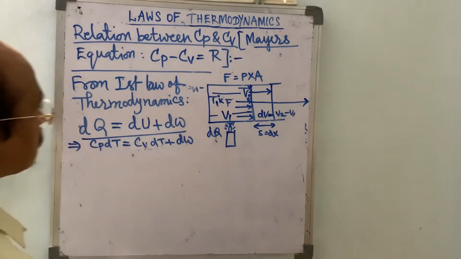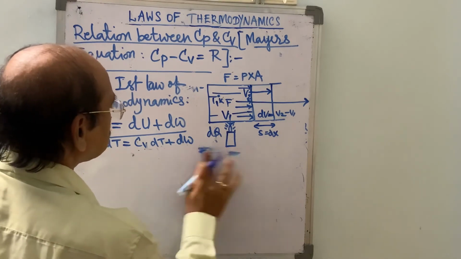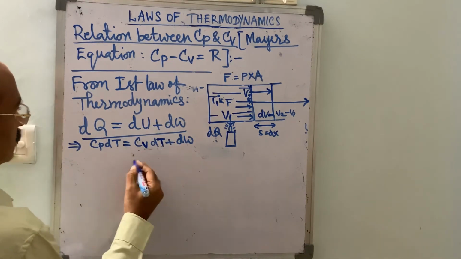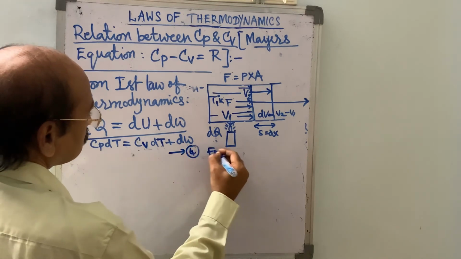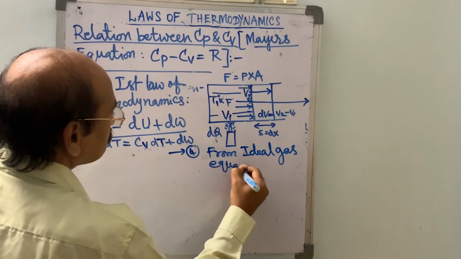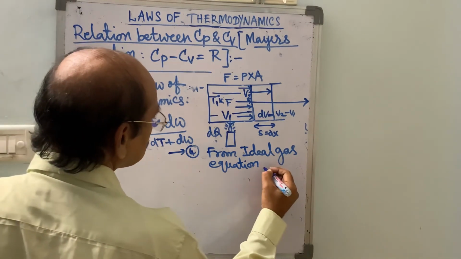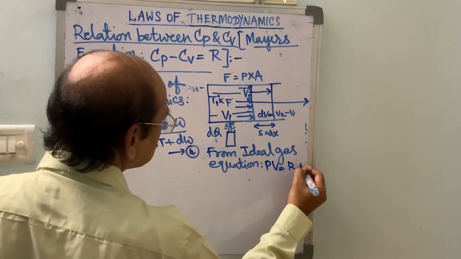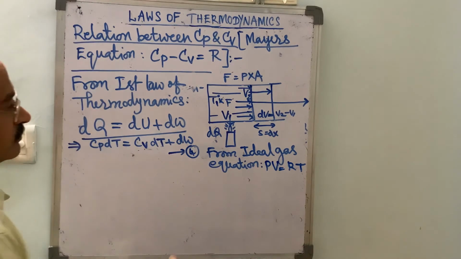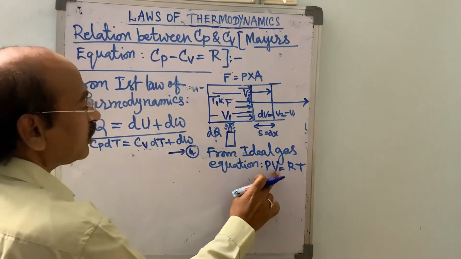Now from the ideal gas equation, at constant pressure, if temperature increases, volume increases.